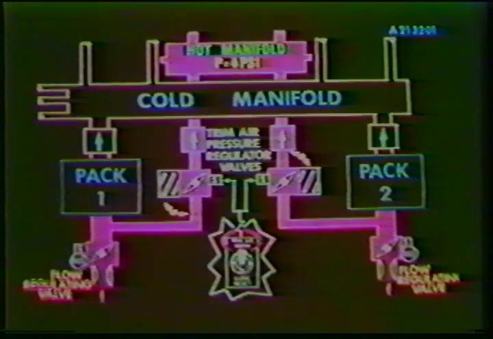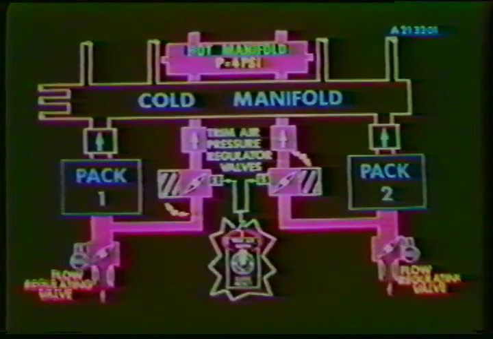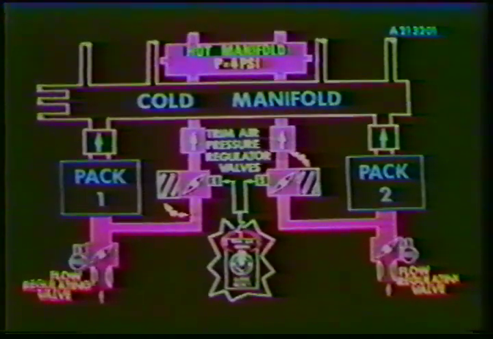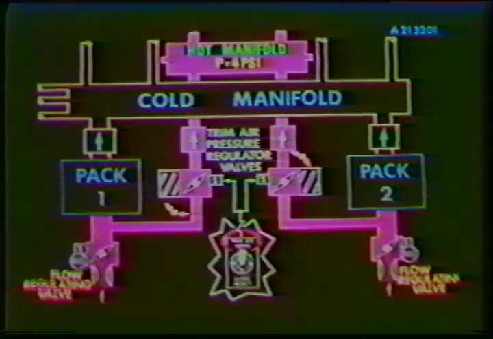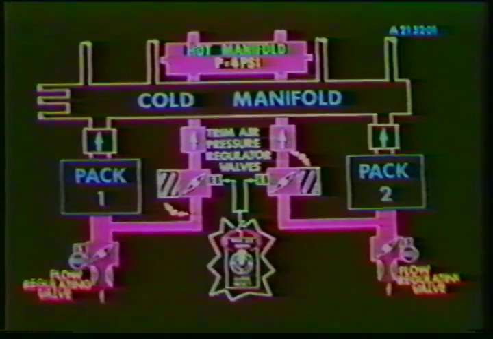Part of the hot air from the pneumatic supply does not enter the packs. This second flow bypasses the packs to supply hot air to the hot manifold. The supply valves to the hot manifold are trim air pressure valves, which are electrically controlled and pneumatically operated.